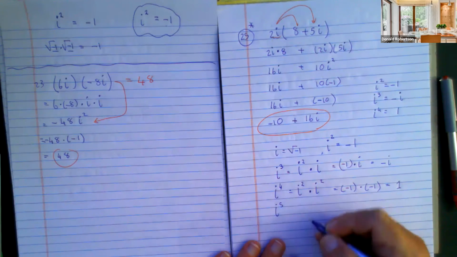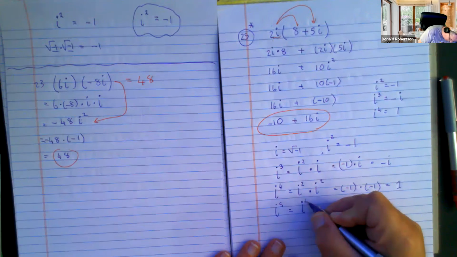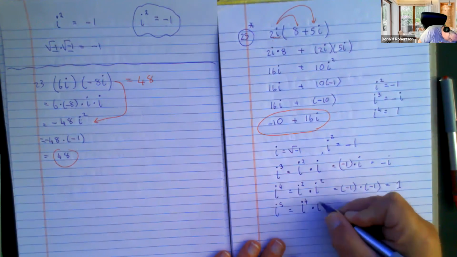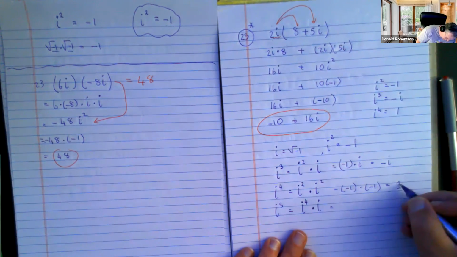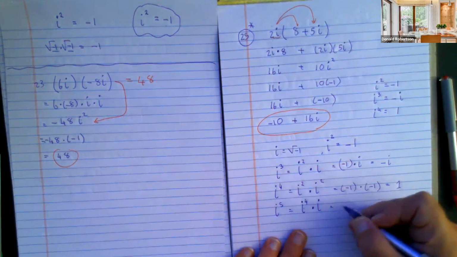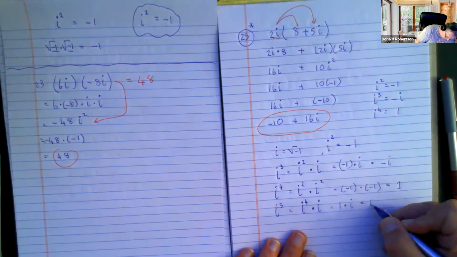If you're doing i to the power of 5, the easiest way to deal with it is to think of it as i to the power of 4 times one more i. That's the quickest way of dealing with i to the 5, right? 4 plus one more. I've already found out that i to the 4 is worth 1. So it's essentially 1 times i.